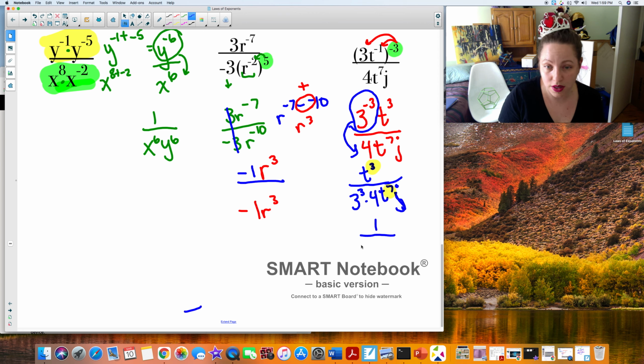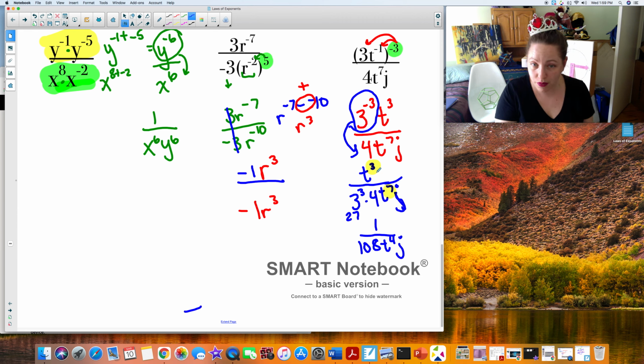So I put the 1. 3 to the third is 27, and 27 times 4 is 108. So that would be 108 t to the 4th power j. Where did t to the 4th power come from? 3 minus 7 is t to the negative 4. Negative means it has to go to the bottom of the fraction.